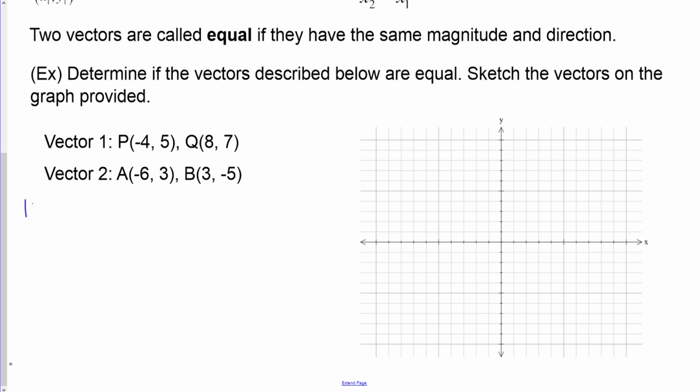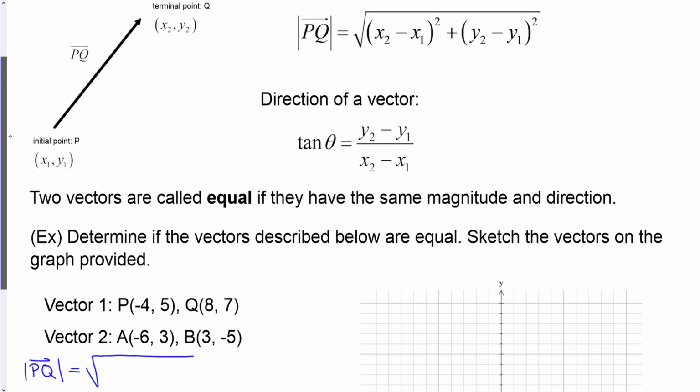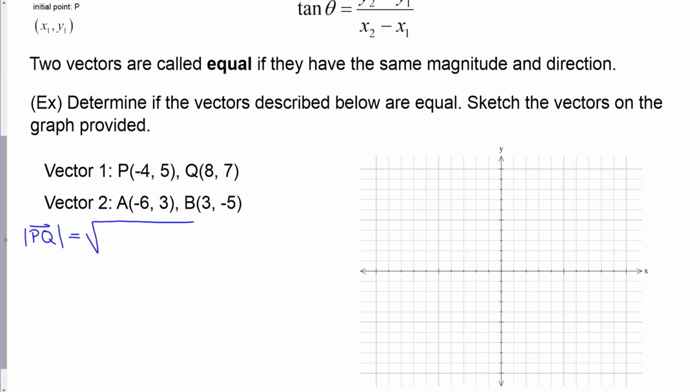So the magnitude of vector PQ is going to be the square root of, according to the formula, I take x2 minus x1 quantity squared. So in this case it would be 8 minus negative 4, so that's plus 4, quantity squared. And then I'm going to take the difference of my y values, so 7 minus 5, and square those.